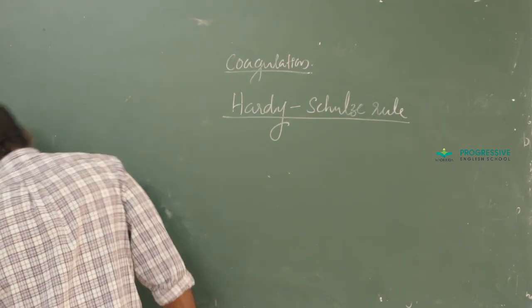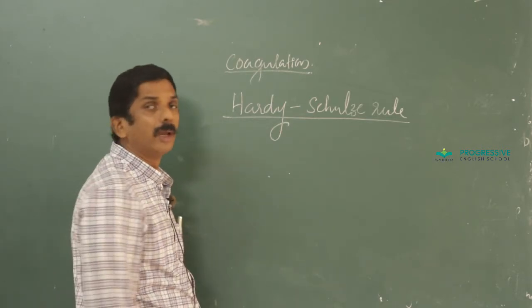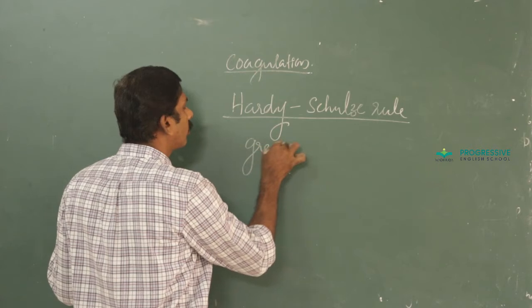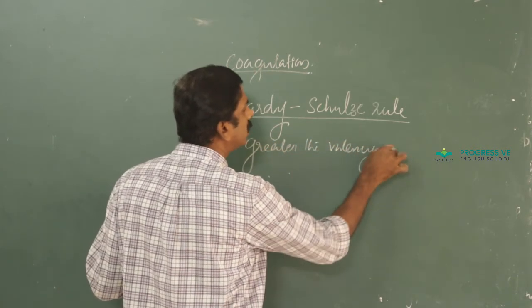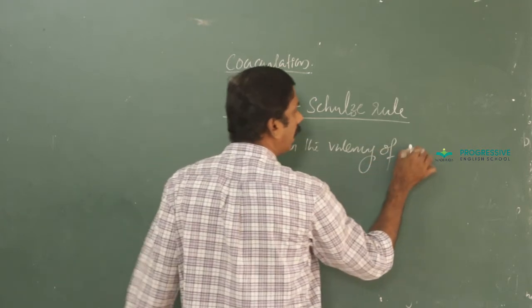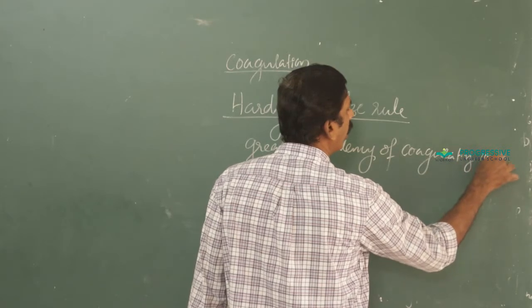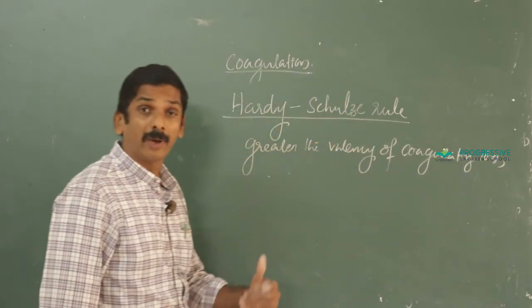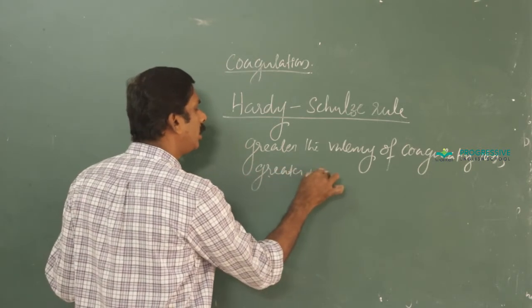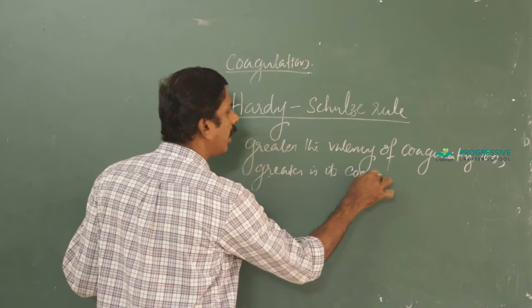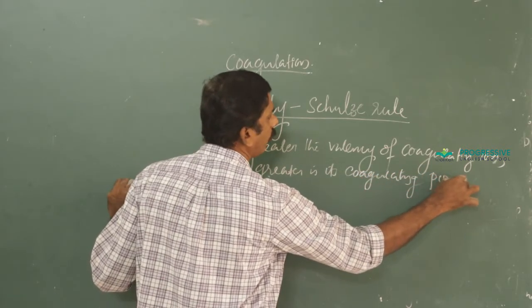The Hardy-Schulz rule states that the greater the valency of the flocculating or coagulating ion, the greater is its coagulating power.